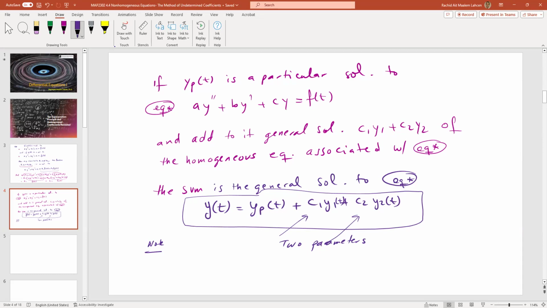So there is actually another theorem that deals with this, which is the existence and uniqueness for the non-homogeneous case. We did the existence and uniqueness for the homogeneous case. But since we already understand this, we're not going to emphasize too much on existence and uniqueness and prove it.